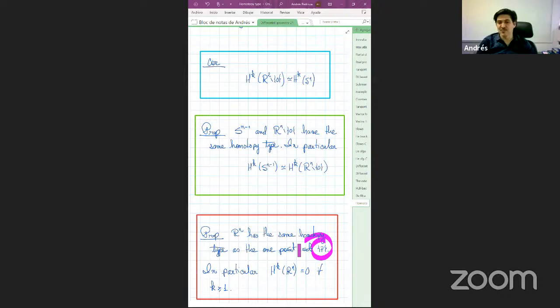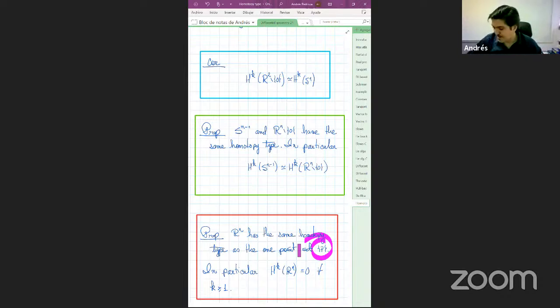And by dimension reasons, for k greater or equal than 1, the cohomology is 0 for a single point, right? Because we don't have any differential forms by dimension reasons.